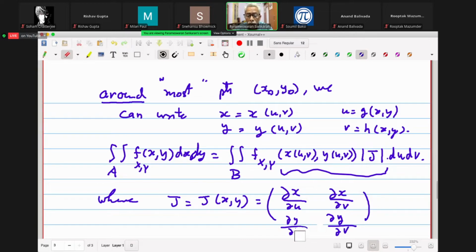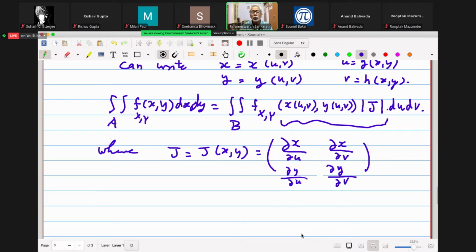Mind you, it has to be a function of u and v. You may have to take the absolute value, and you will see examples where you are forced to take the absolute value. It has to do with the orientation being reversed. That is the main reason why that happens.